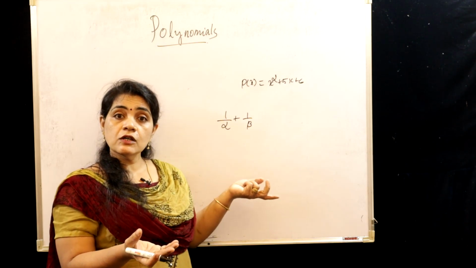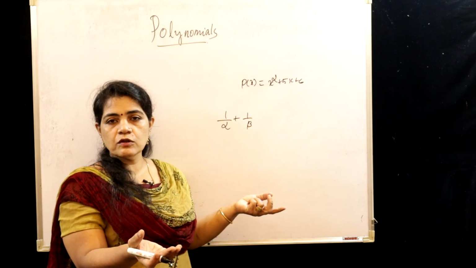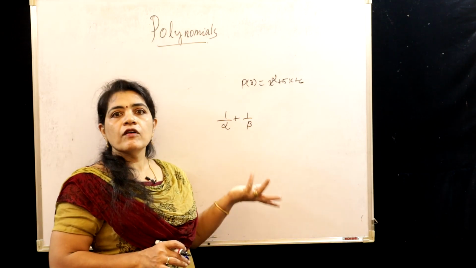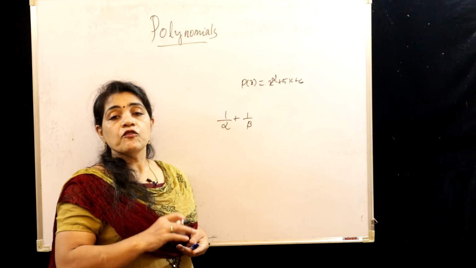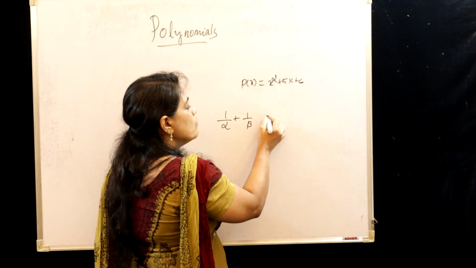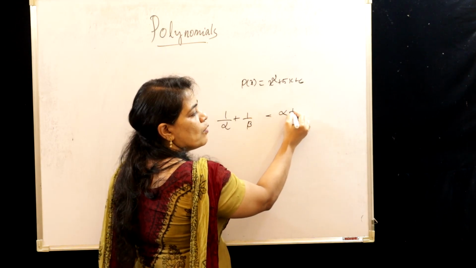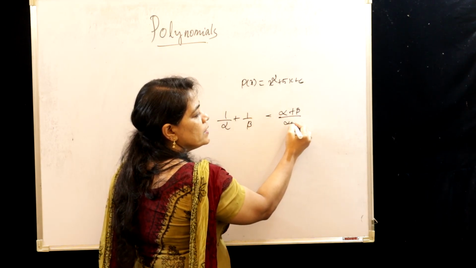If it is alpha plus beta whole square, you can use the a plus b whole square algebraic identity. But here we have 1 by alpha and 1 by beta, and for that, children, you have to cross multiply, that is beta plus alpha, or alpha plus beta, by alpha beta.